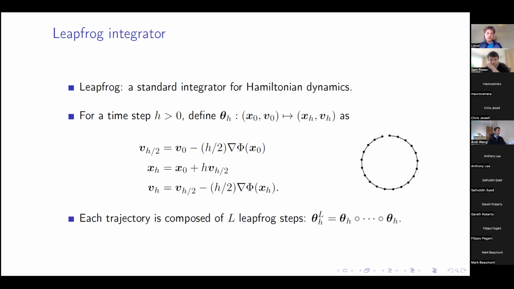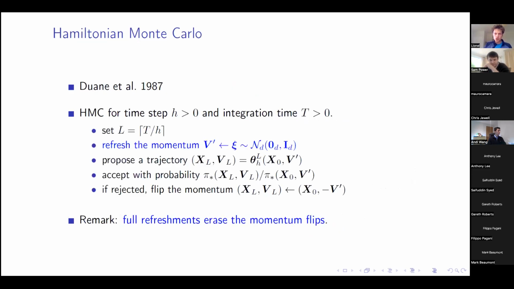Right. So built upon this time discretization, the HMC algorithm was introduced in 1987, and its principle is the following. We start from a fresh Gaussian noise at each iteration, fresh Gaussian noise for the velocity. And from this velocity and the current position x, we'll draw a Hamiltonian trajectory, which is here the perfectly deterministic proposal, given x0 and v prime.